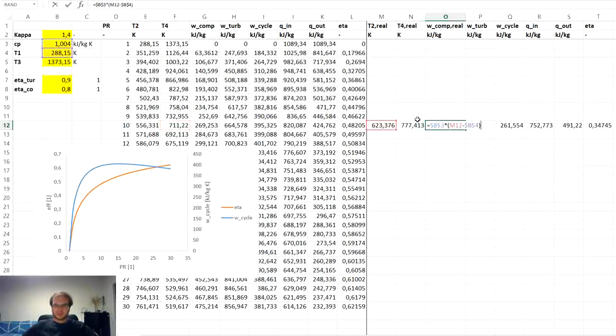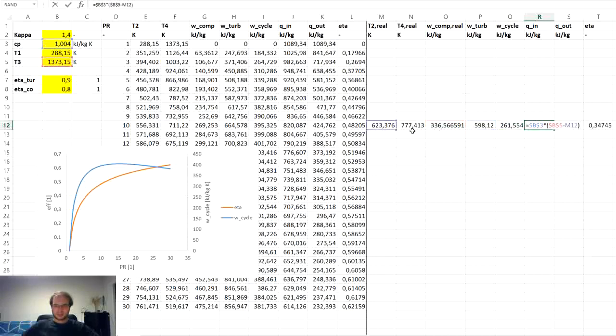Then the work of the compressor is the difference in temperature before and after, multiplied by the specific heat capacity. The work of the turbine, again, is the difference in temperatures at the turbine inlet and at the turbine outlet, now for the real turbine with efficiency, multiplied by the specific heat capacity Cp. Work of the cycle is the difference of these two.